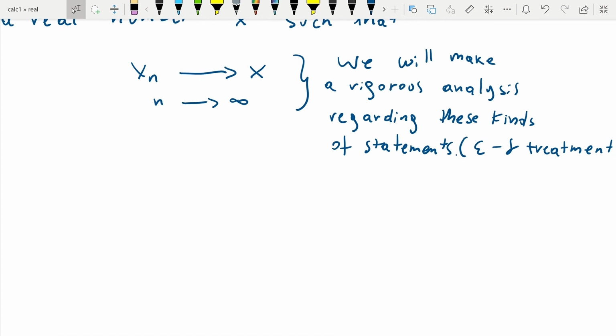Okay, limit, again, we have to forget for now what a limit is. You have to forget what you've learned before. We'll treat this very rigorously, but there's going to be such a number x. You still have the intuitive notion of what that means.